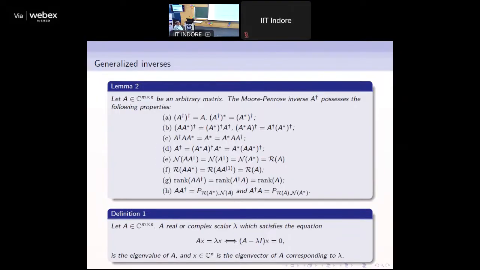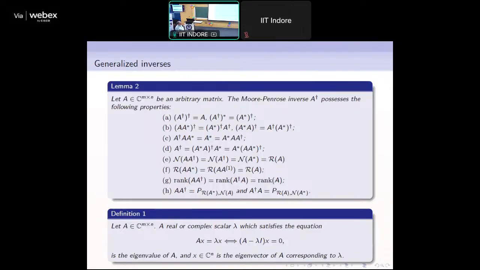Here, in lemma 2, are the main properties of the Moore-Penrose inverse. If we consider the non-singular case, the invertible case, evidently all of these properties will be satisfied. Here is the usual definition of eigenvalue and eigenvector.